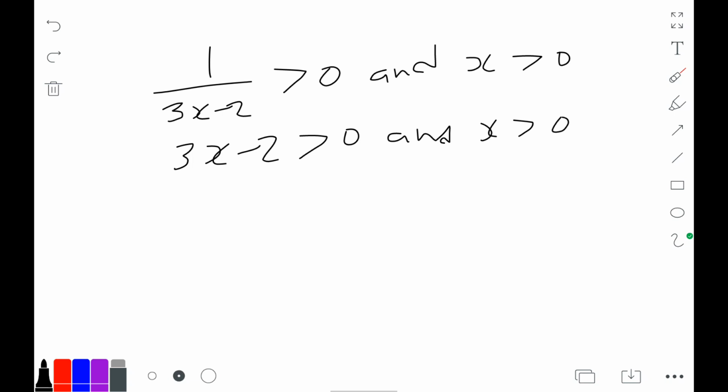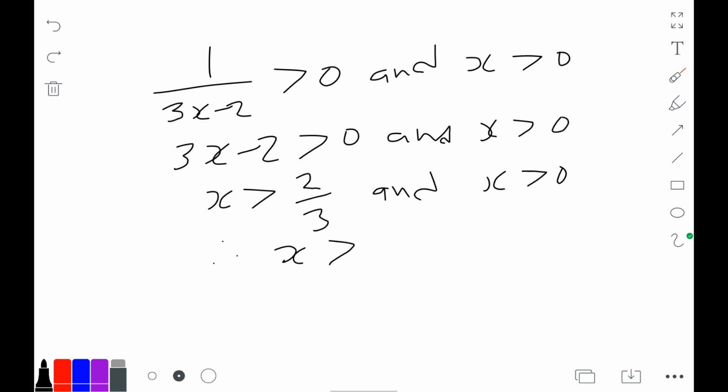So it implies that x must be greater than 2 over 3, and x must still be greater than 0. Because x is greater than 0 and greater than 2 over 3, this implies that x is going to be greater than 2 over 3.